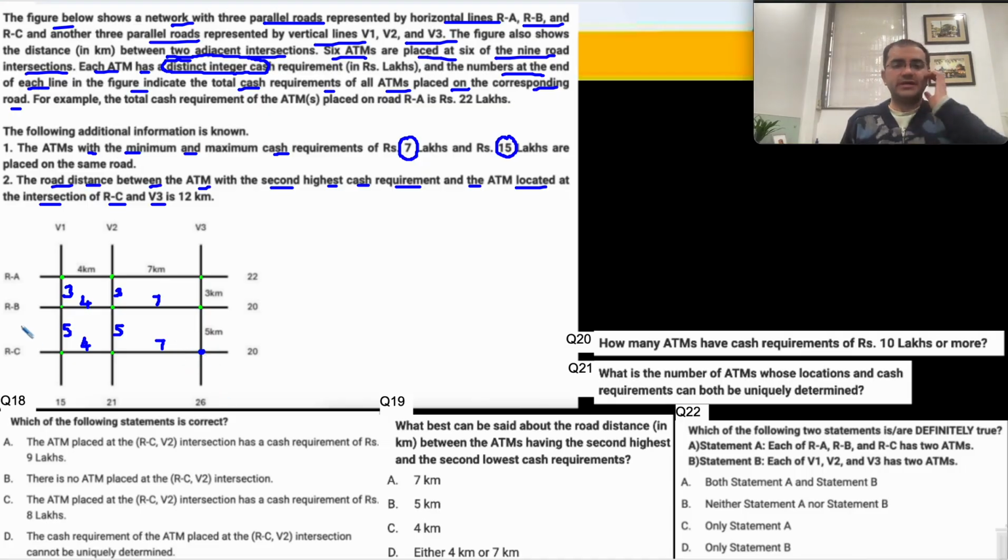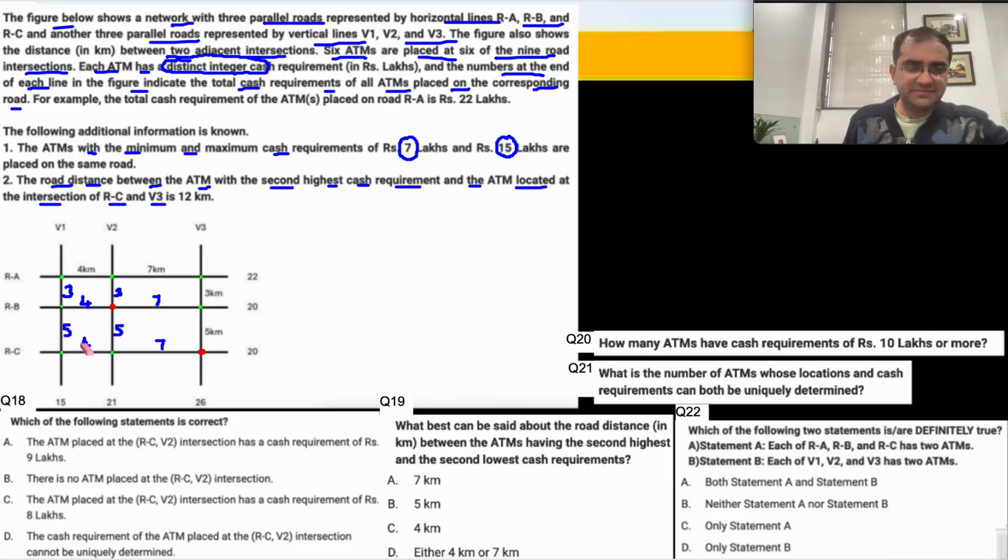RCV3 यहाँ पे तो एक ATM पक्का है, तो इसको हम ऐसे कर देते हैं, कोई दूसरा कलर दे देते हैं. So second highest and RCV3 का distance is 12. 12 कैसे आएगा? 7 plus 5 से आएगा. So it could be 7 plus 5 like this, या फिर 5 plus 7 like this, which means that एक और ATM यहाँ पर है, and this is the second highest value.